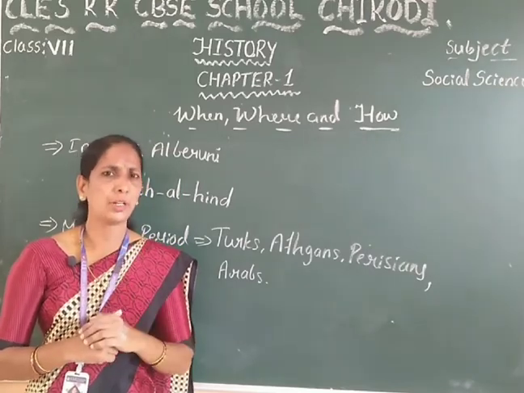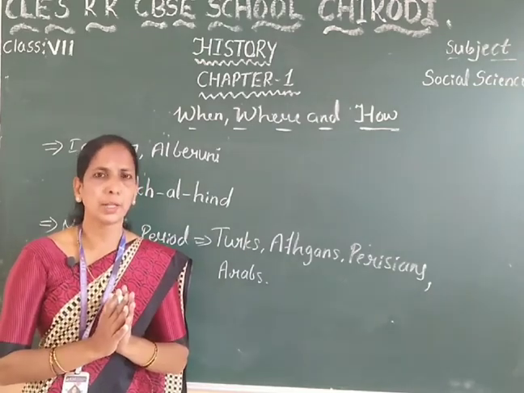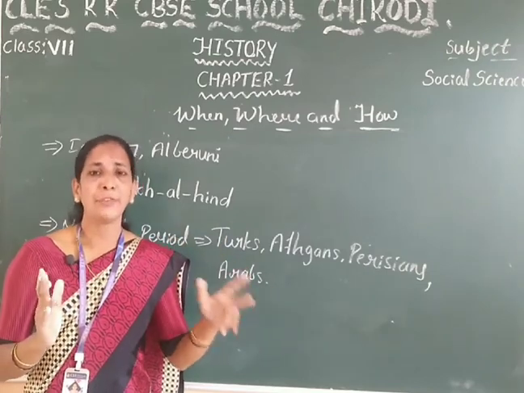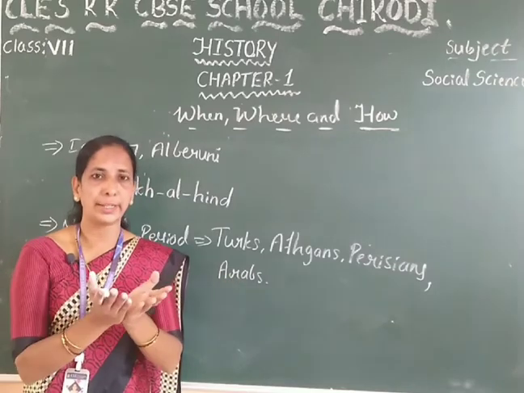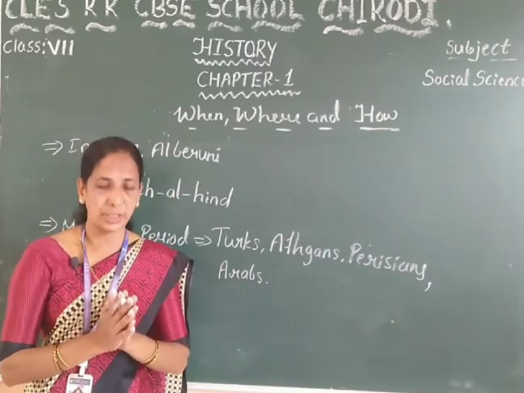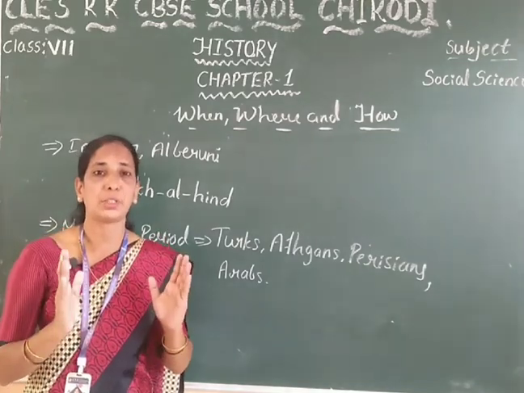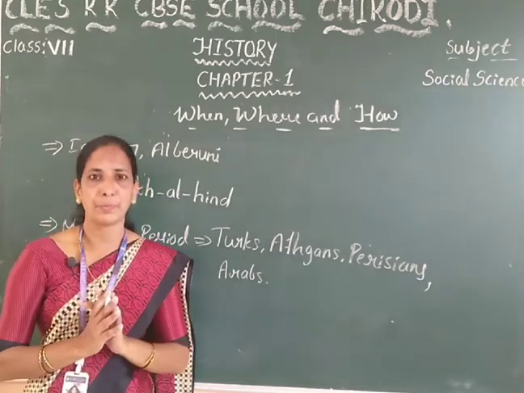In this chapter you have learnt about the medieval period, the 8th to 18th century, and we have seen that the transition period is between the 8th and 12th century. So many rulers and kingdoms rose and fell in this period.